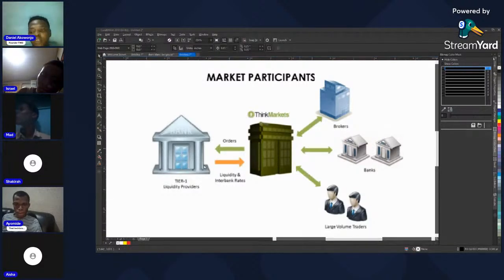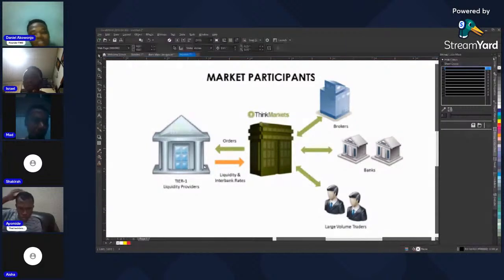For every move that GBP makes, that gold makes, that the dollar makes, that the naira makes, there are people at the back end influencing it. Everybody who is trading in the world right now is not even 1% of the people who are moving the market.